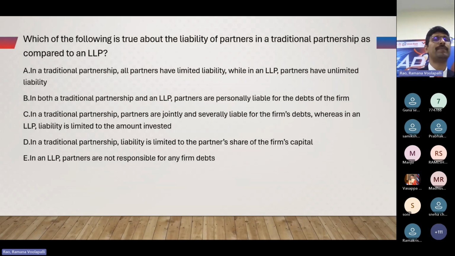In a limited liability partnership, as we have discussed, liability is limited to the capital they have contributed, whereas in a partnership it is unlimited. So in a traditional partnership, partners are jointly and severally responsible for the firm's debt, whereas in an LLP, liability is limited to the amount invested only. That is the key differentiator.